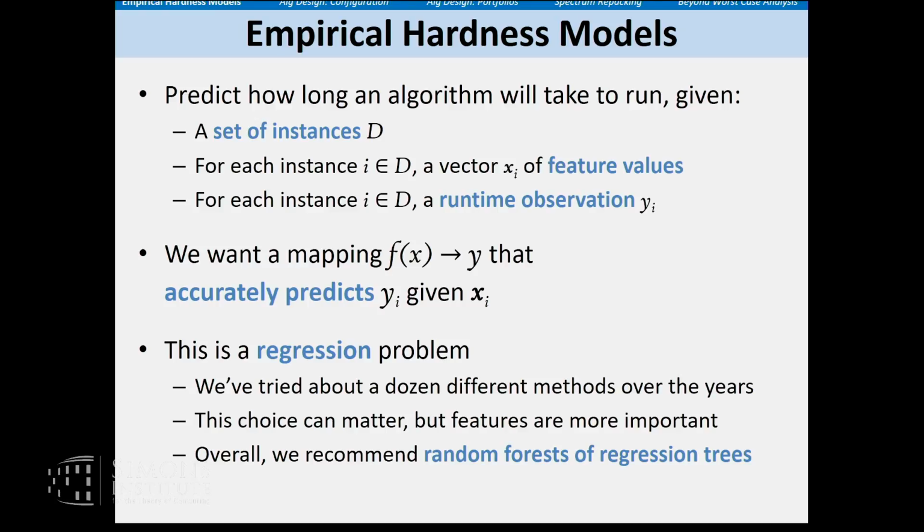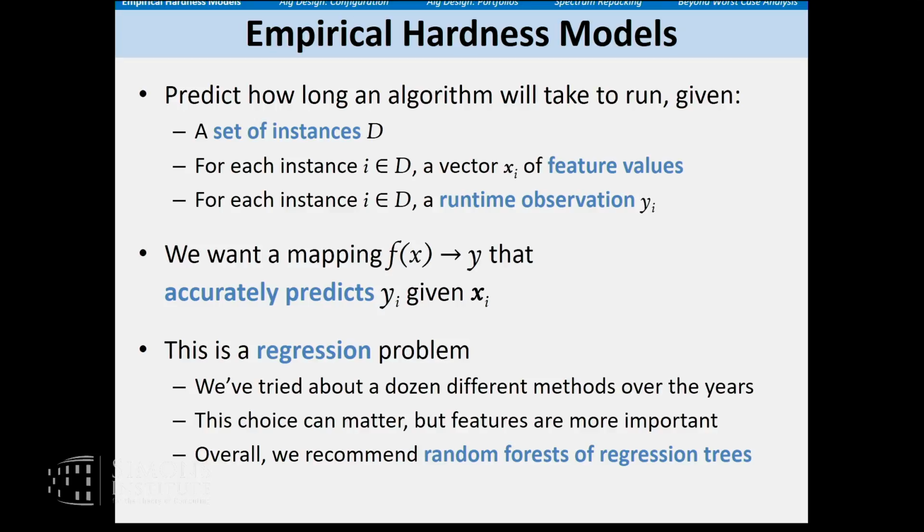The features are more important, as is often the case in machine learning. I'll speak about the features more in a moment, but most of what I'll speak about today will concern random forest regression trees, which are a robust class of machine learning models, with the advantage that they deal very nicely with discontinuities, which turns out to be important in this domain.